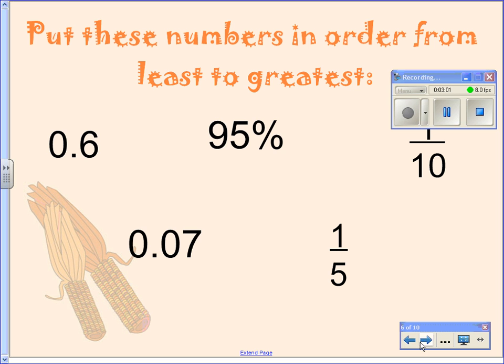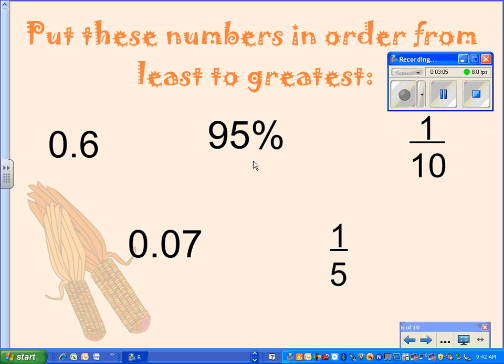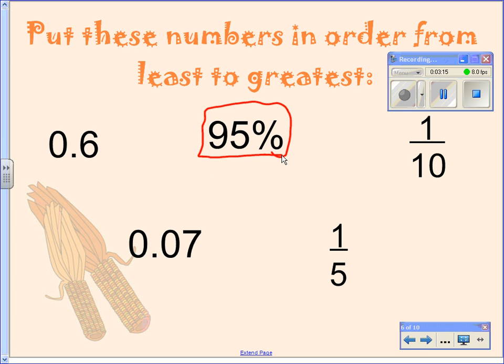All right. So here's another one. We need to put these into order from least to greatest. Now this one's a little bit trickier because now I've got percents, decimals, fractions, all kinds of different things. So what I'm going to do, I like working with percents. So I'm going to go ahead and convert everything to a percent. Move the decimal over twice, so this becomes 60%.